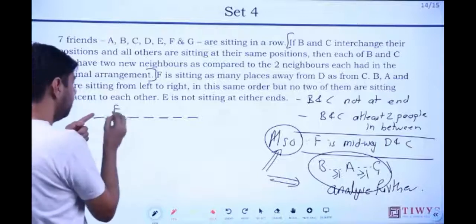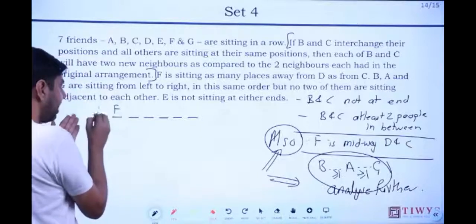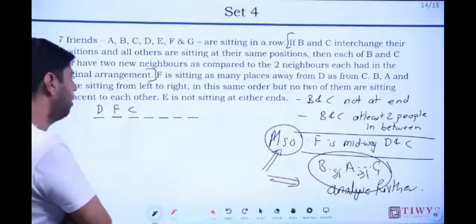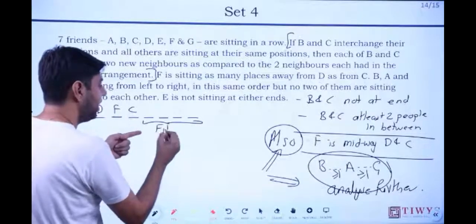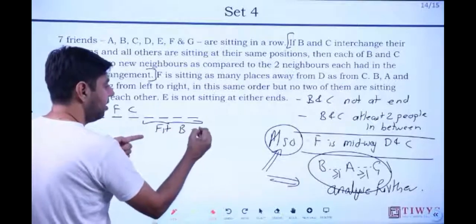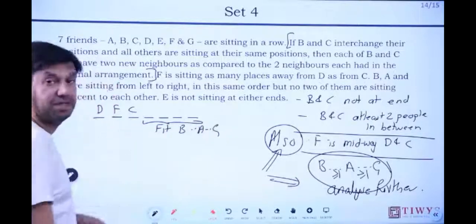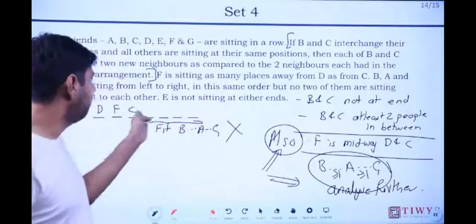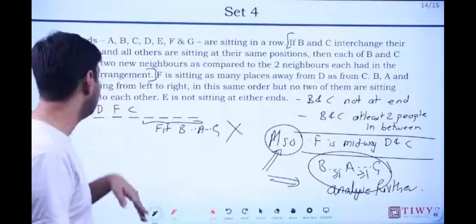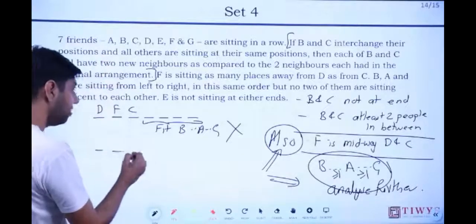So this one should be this side, that will be D. So this has to be C. Okay, now tell me, can you fit BAG here? Can you fit BAG here with at least a gap? You can't fit a BAG here, right? So this cannot be possible.